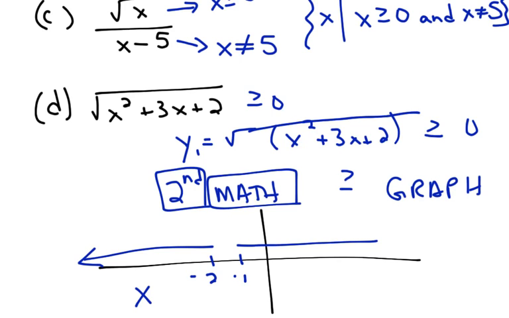This first part of the graph would be the inequality x is less than or equal to negative 2. And the second part of the graph would be the inequality x is greater than or equal to negative 1. And when you have these two graphs on a number line that point away from each other, we put the word or between them. So this one was a little bit trickier without having used the graphing calculator.